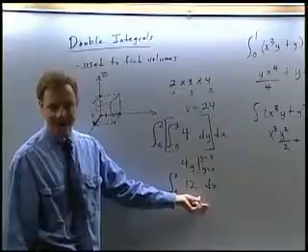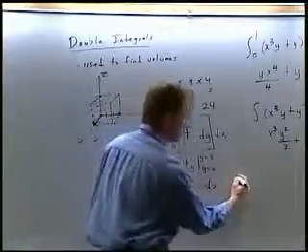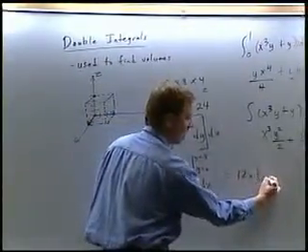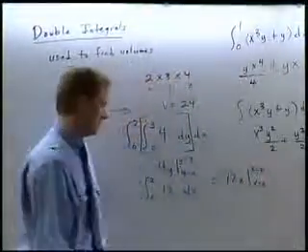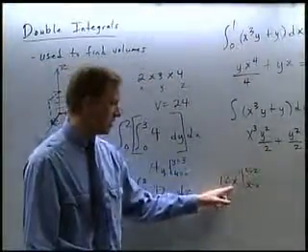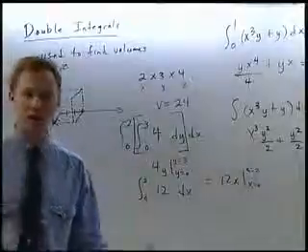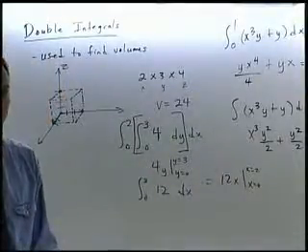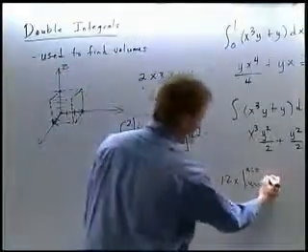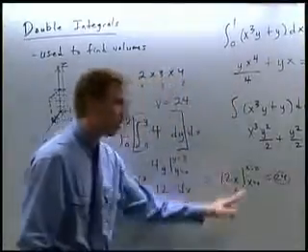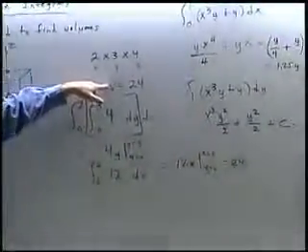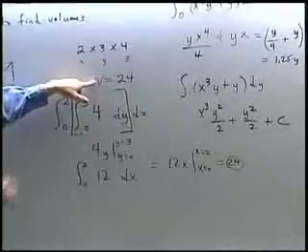Here we have 12x because x is the variable. So this equals 12x, and I want to evaluate this from 0 to 2. Again, you can do this in your head. If we sub in 2 and then we sub in 0 and subtract them, what do we get for an answer? We get 24. And that's what we said at the very beginning of this problem. We said that that volume should be 24, and it comes out to work this way.